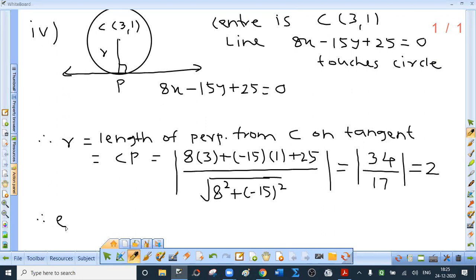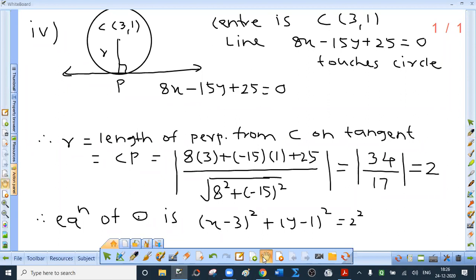Therefore, the equation of the circle, you have to write this using the center-radius form. It is better if you write "equation of circle". Don't use this symbol; write CIRCLE in full. The equation of the circle is (x minus 3) square plus (y minus 1) square equal to 2 square.